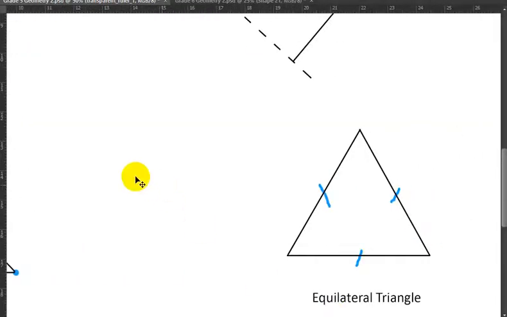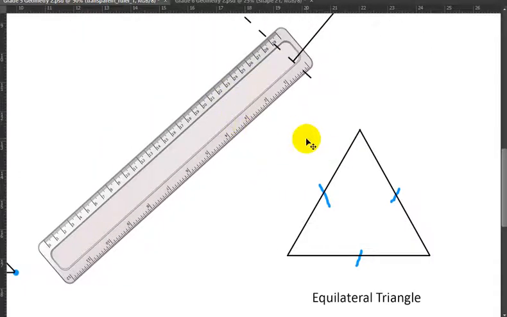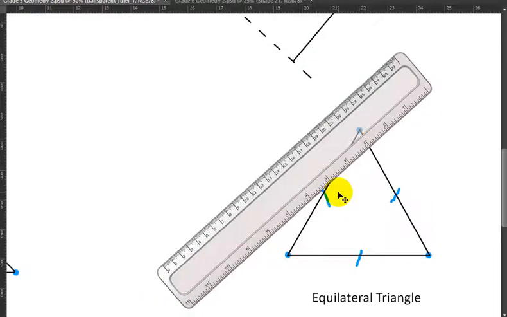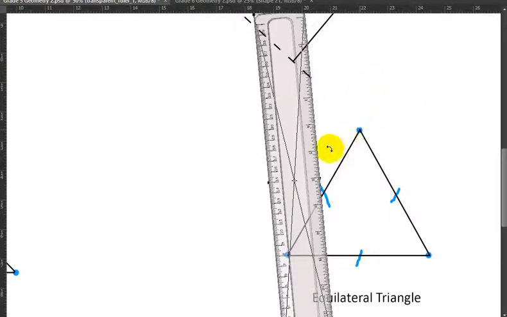Let's move on to the last one, our equilateral triangle. So here we want to make the heights from here, here, and here. We will take our ruler. I'm going to start from this one, although it doesn't really matter.